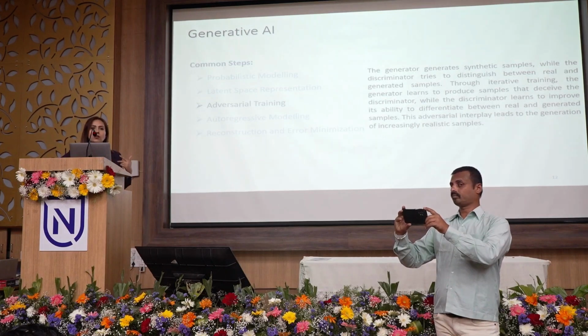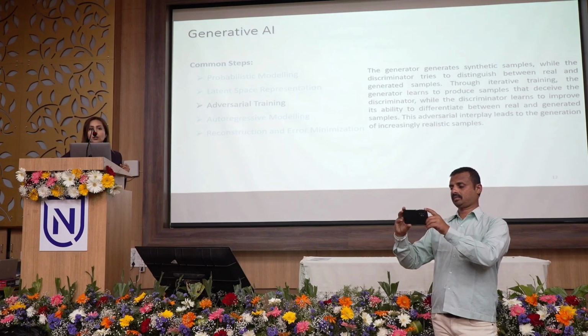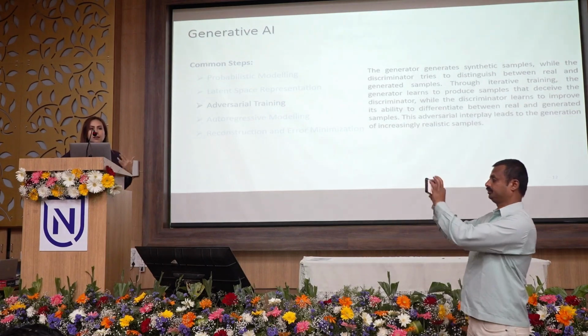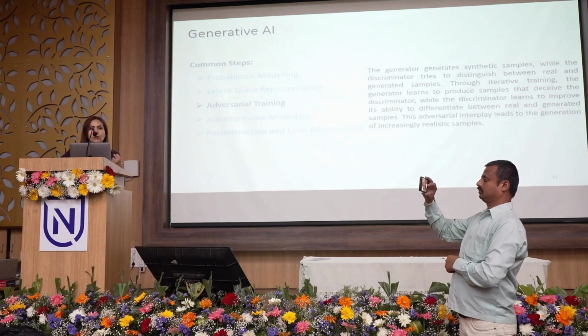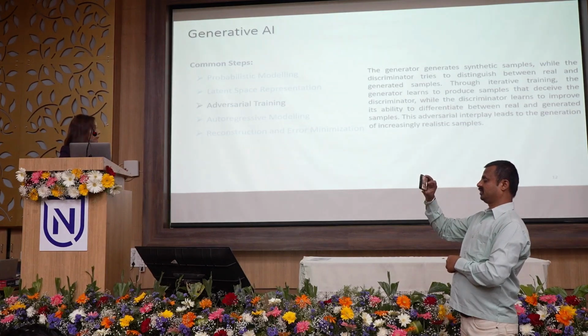Through the iterations, these two networks compete together, and based on that, we get the best representation and, for example, more realistic images in the end, because they are competing with each other to somehow fool each other, right? That's the main idea of adversarial training.